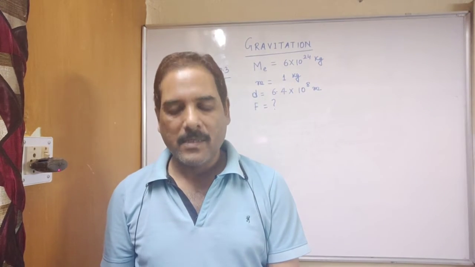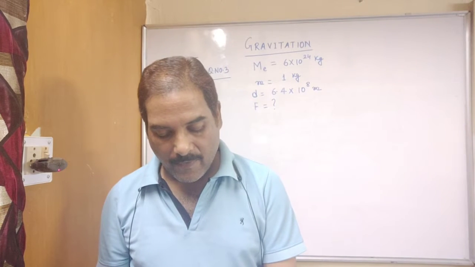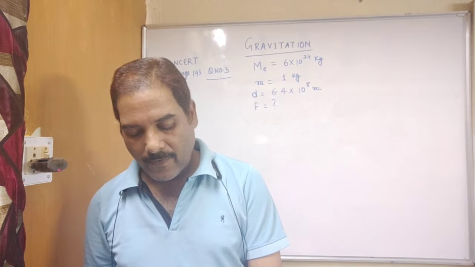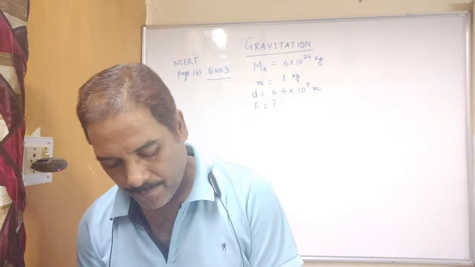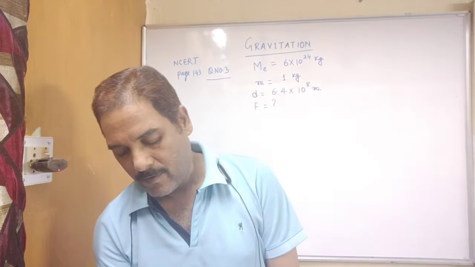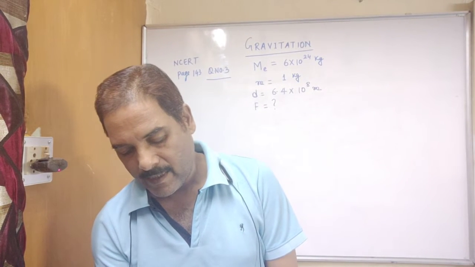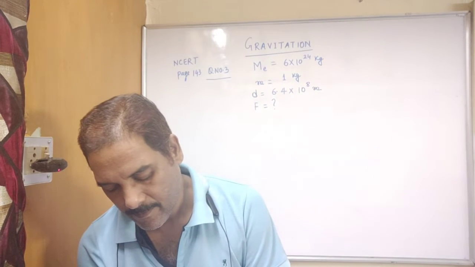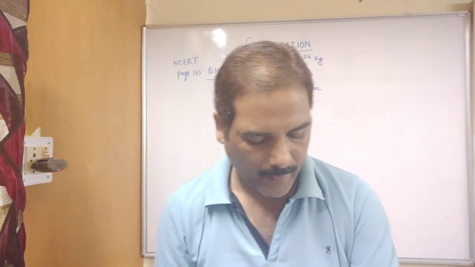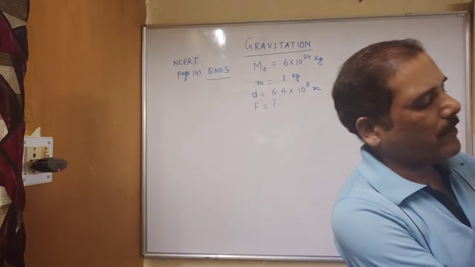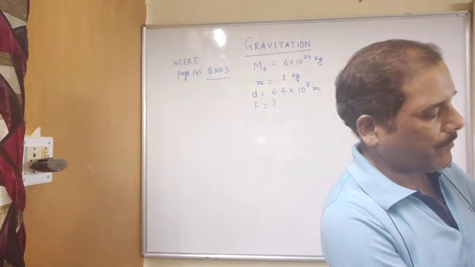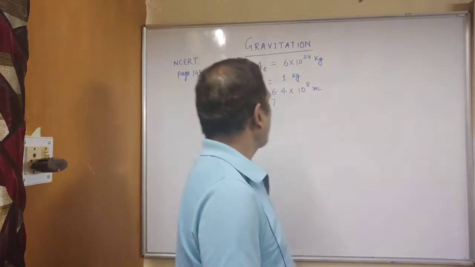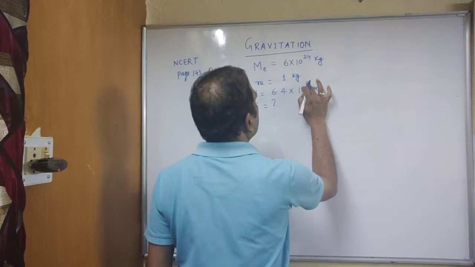The object is on the surface of the earth. Mass of earth is given 6 into 10 to the power 24 kg, and radius of earth is given 6.4 into 10 to the power 6 meter. It is not 8, it should be 6.